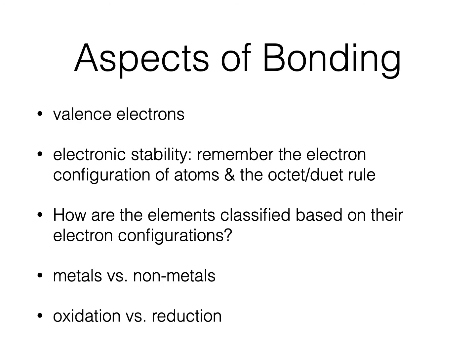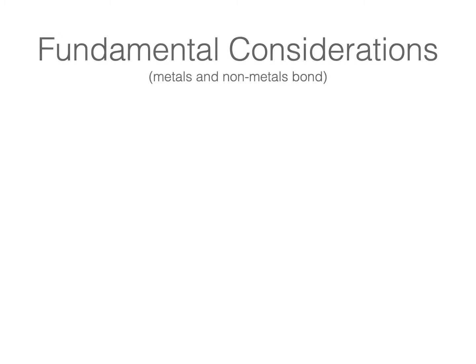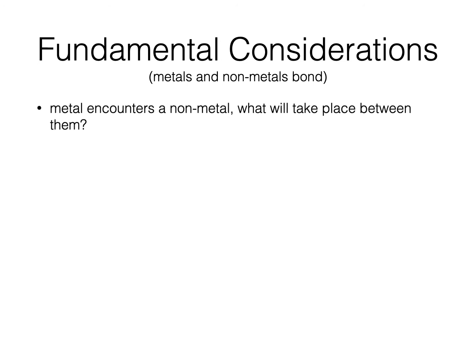Let's see how those kinds of elements will interact when they go to form a bond. So, two considerations. The first, let's consider when a metal and a nonmetal approach one another. They're aiming to get an octet. They're aiming to achieve electronic stability.